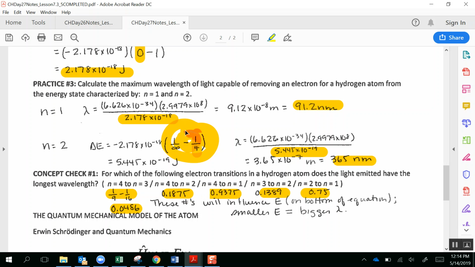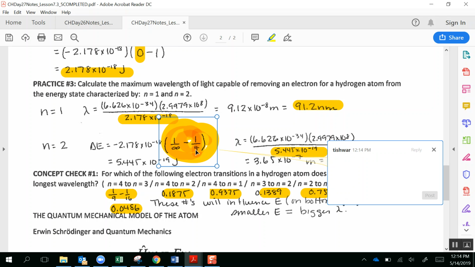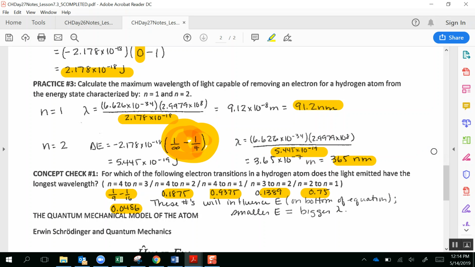That number is going to end up on the bottom of this equation, and the bigger number on the bottom is going to give the smaller number on the top. So smaller E gives you bigger wavelength, and the smallest E is going to be the n equals 4 to n equals 3.